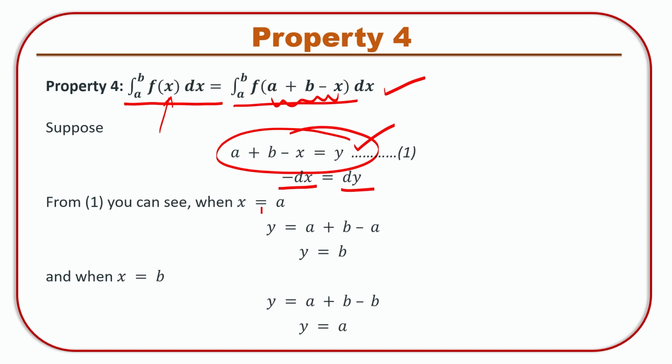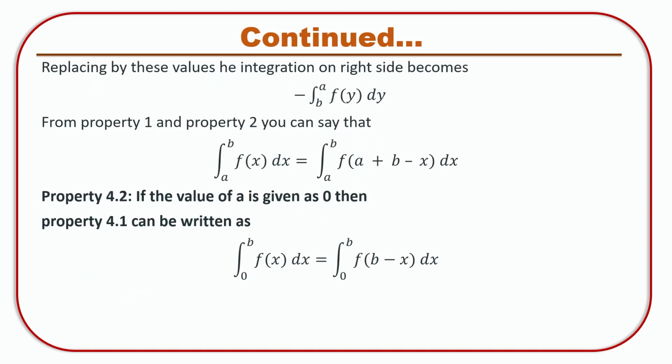Now I have to change the limits. When x equals a, what will y be? The a cancels out, so y will be b, and if x equals b, y becomes a. Now I have to change this whole integration, and it comes out to be the integral from b to a of f(y) dy. What was given was the integral from a to b of f(x) dx, and now we have found it as the integral from b to a of f(y) dy.